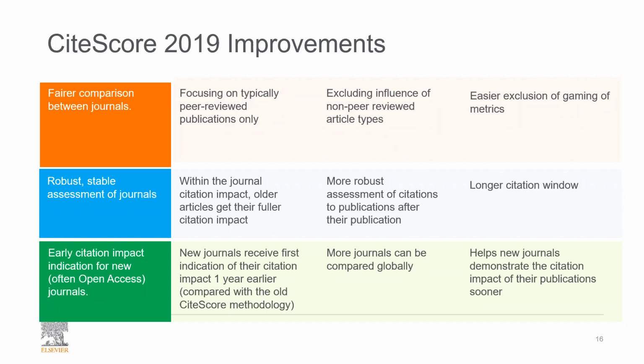And we have an early citation impact indication for journals, especially open access. New journals receive the first indication of their citation impact 1 year earlier compared to the old CiteScore methodology. So more journals can be compared globally, providing a bigger view of the indexed journals. It will help new journals demonstrate the citation impact of their publications sooner because we have the CiteScore Tracker.